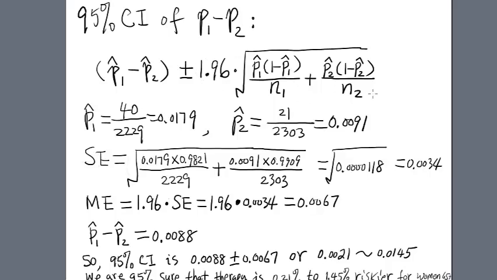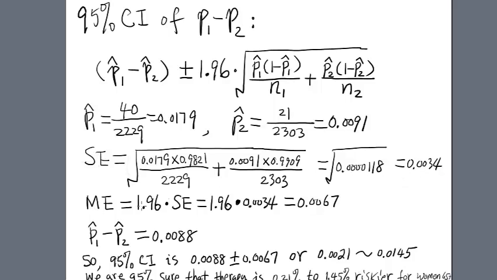Okay, and in the example we calculated P1 hat to be this number, P2 hat this number, and we plug these two numbers in the standard error formula, so we get this number. So keep in mind, double check the result.